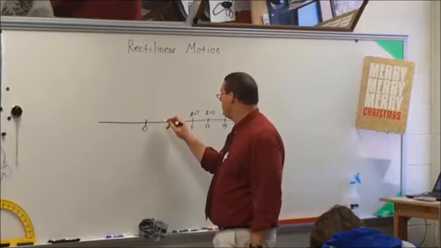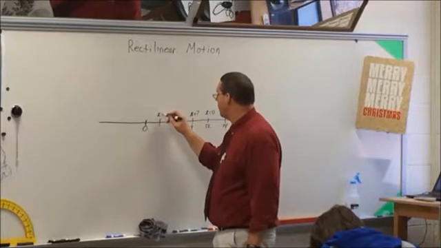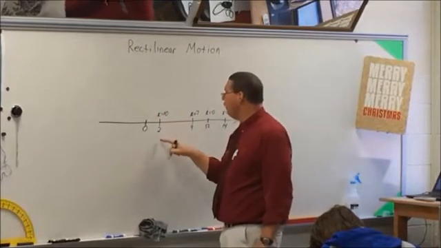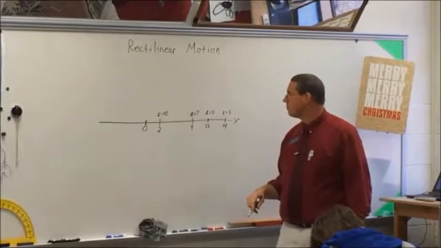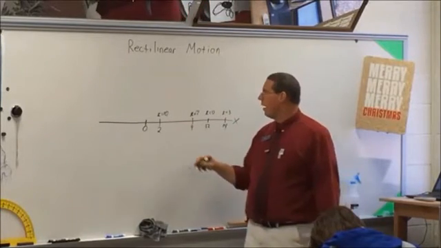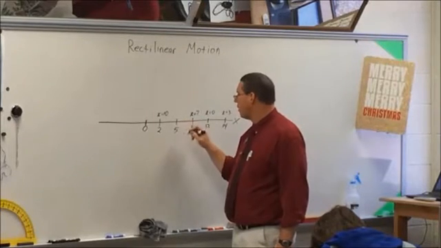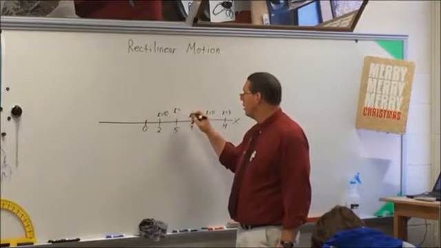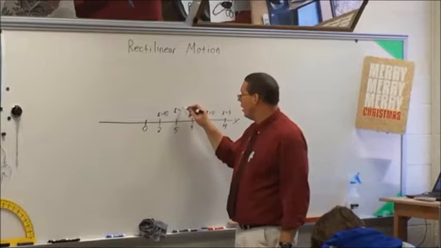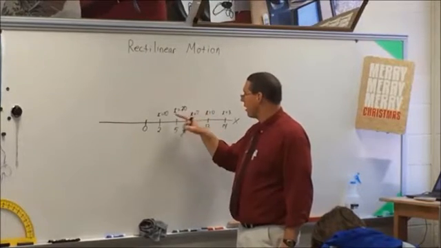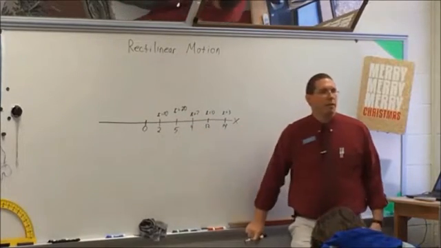And let's say I sped up a little bit, and then at time 10, I was 2 feet from the origin. And then I turned around and I came back. I slowed down a good bit and it took me 10 more seconds to get over here to 5 feet.